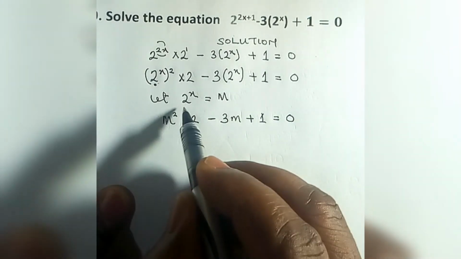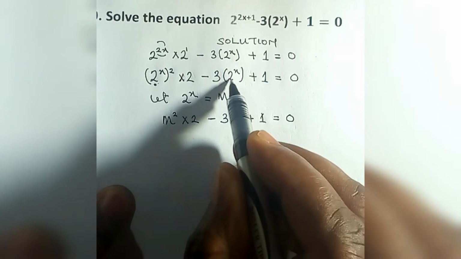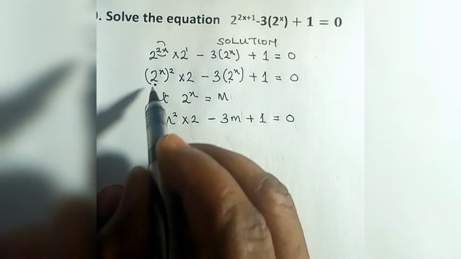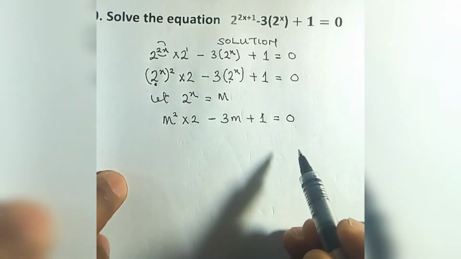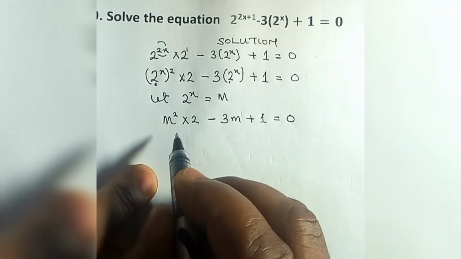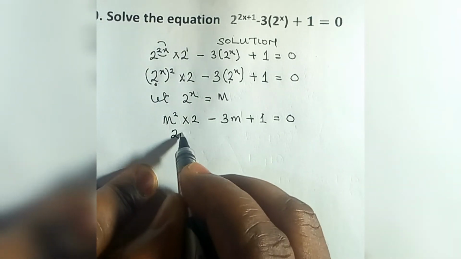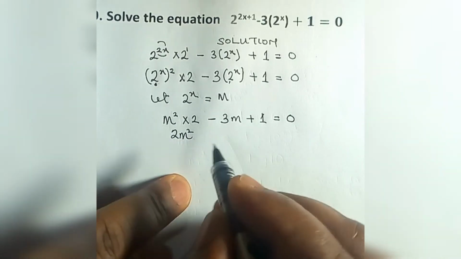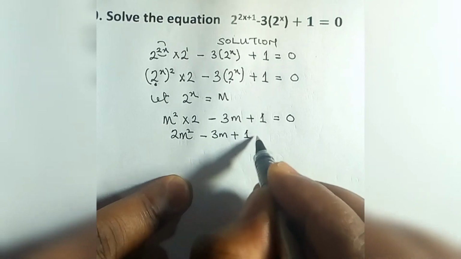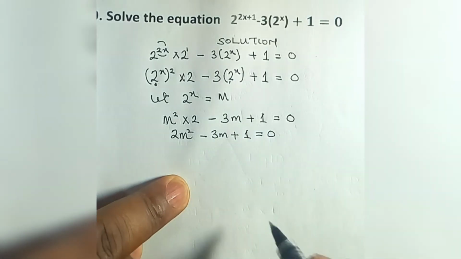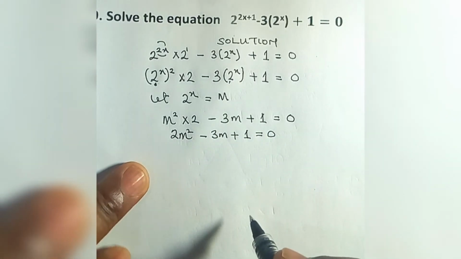Since 2 raised to the power of x is equal to m, we use m to represent this and we use m to represent this. So we have this equation here. Now this is the same thing as 2m squared minus 3m plus 1 equal to 0. We now have a quadratic equation.